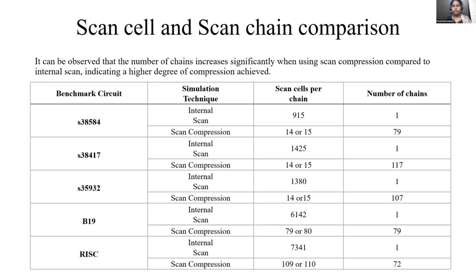So that's why the tool divided it in such a way that all the chains will be at their maximum, only 14 or 15. Like in the case of B19, it will be 79 or 80 mostly. If something is plus or minus in the end, that will be adjusted somehow, but they will always reach the maximum threshold per chain.